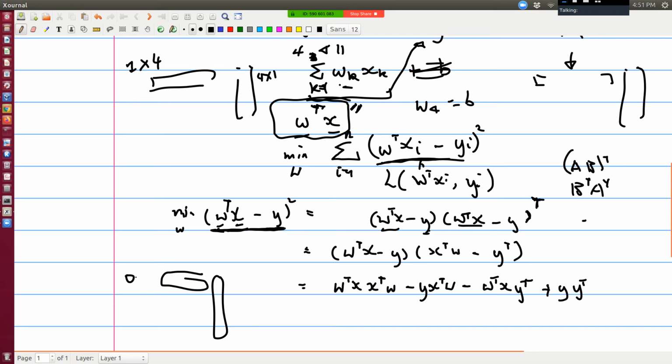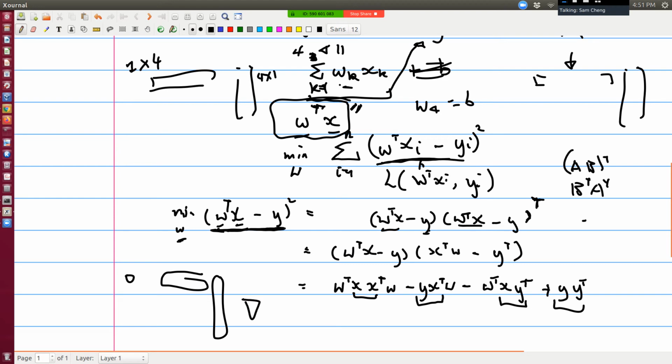It looks complicated, but remember what we are trying to minimize. We are trying to minimize over W, right? So all of this we can consider as constant. Going back to your first calculus class, if you try to minimize something, you take the gradient.